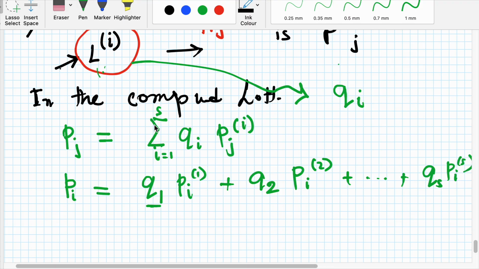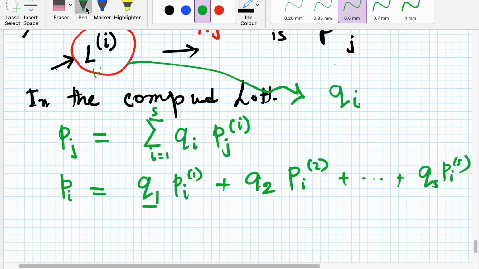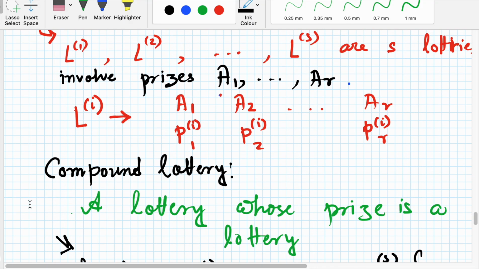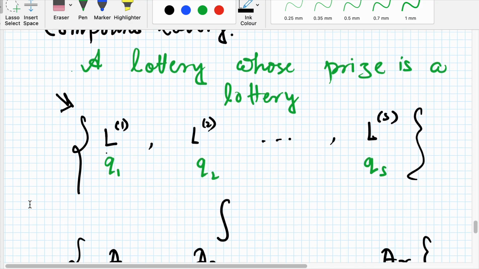So if it is so, then if I present a compound lottery, it will be indifferent to a simple lottery. So if the subject calculates this way, that means the subject can reduce the compound lottery in terms of a simple lottery.